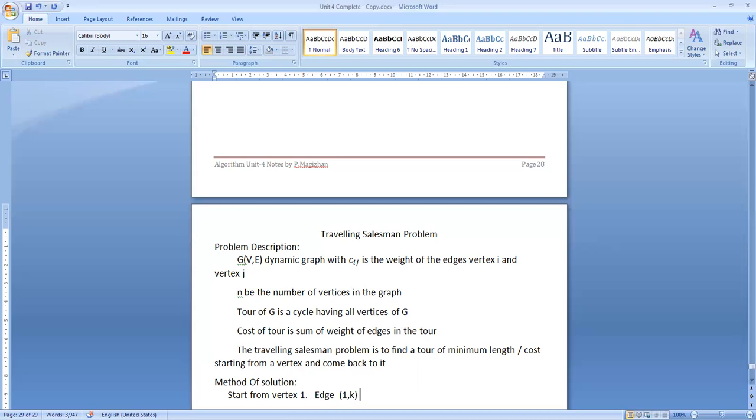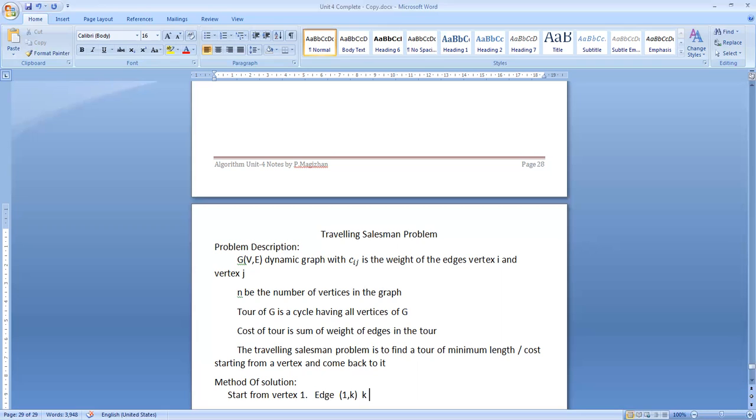We are starting from vertex 1, and our tour will start from 1 and go to a vertex k, so the edge is 1 comma k. And what does this k belong to? This k belongs to the set of vertices other than 1. So other than vertex 1, we are going to a vertex k from 1.